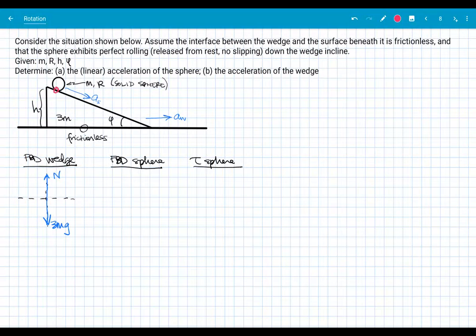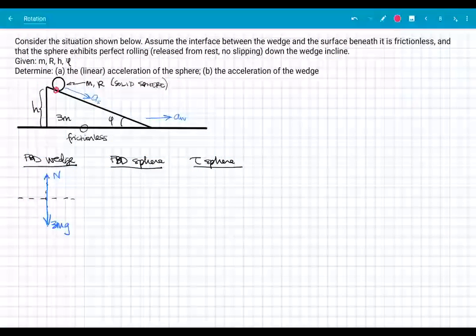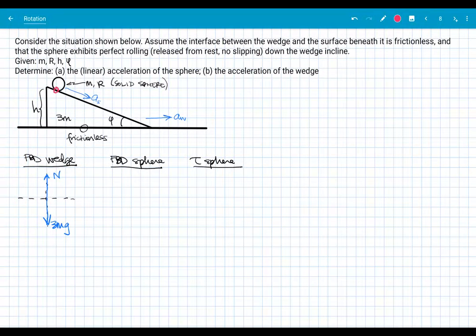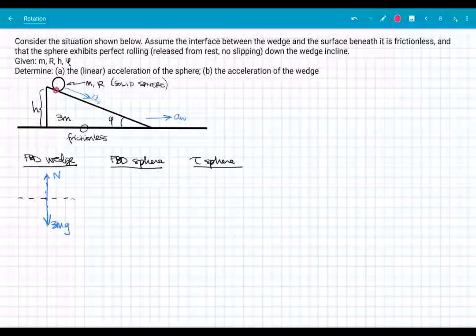So you'd want to ask yourself then, okay, what forces? So first of all, a normal force, right? There's a normal force at that interface. We've done tons of normal force stuff, stacked objects, etc. So you want to bring that knowledge in here. That normal force is not going to be straight down though. Remember, it's normal to the surface. So it's downward on the wedge, but normal to the surface.